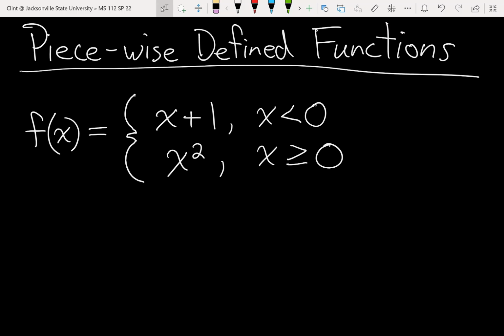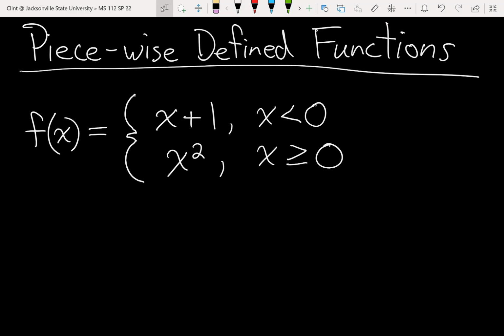So what this thing's telling us is that we take our input value, and then we check it with the conditions that come at the end. So this first one's saying that we're going to use the top rule if our input value is smaller than 0. And so if our input value is negative, then we'll use the top rule. Okay? Or if the input value we pick is 0 or bigger, greater than or equal to 0, then we'll use the bottom rule. Okay? You don't ever use both. You're just going to use one rule at a time. And the way you decide is you just check your input and see which one it matches up with.